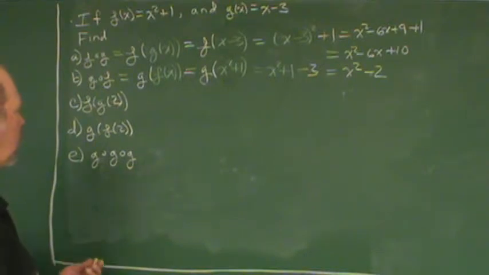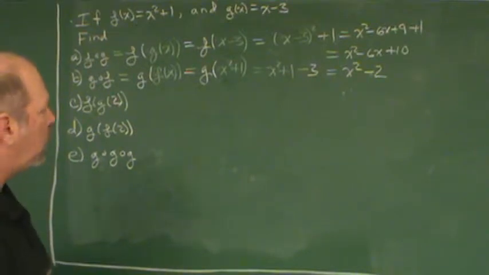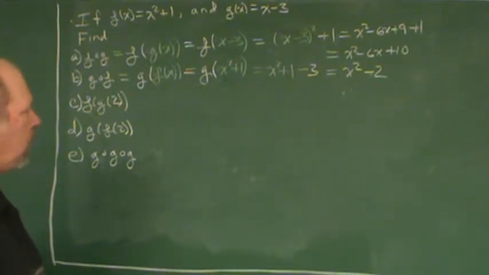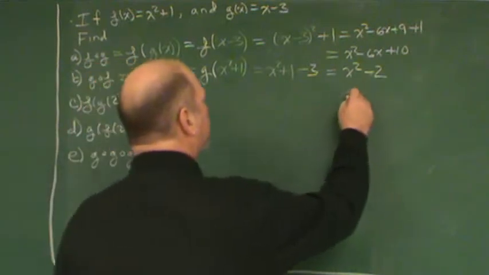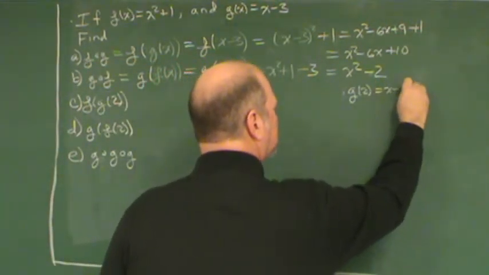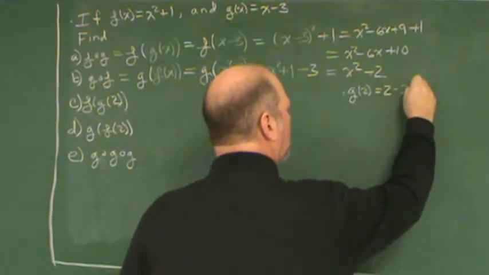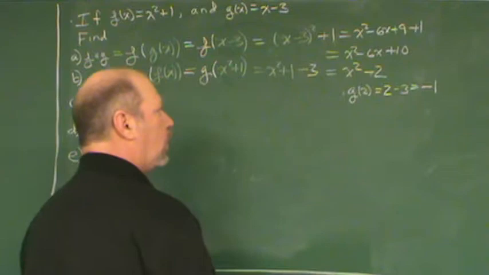Now let's look at f of g of 2. We can do that 2 different ways. I'm going to show it to you on this example. Way 1 would be to evaluate g of 2. g of 2 would be x minus 3, or 2 minus 3, which is negative 1.